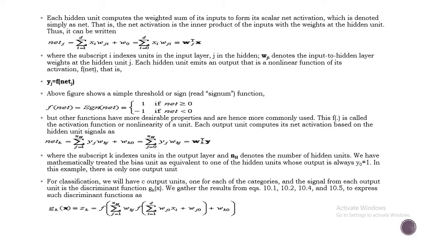Here, equations 10.1, 10.2, 10.4 and 10.5 depict all the equations above. The first equation is 10.1, the second is 10.2, the third is 10.4 and the last one is 10.5.